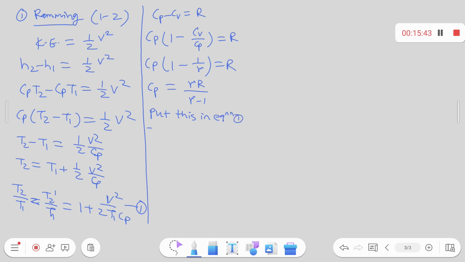So T2 dash by T1 is equal to 1 plus (gamma minus 1) into V square divided by gamma R into T1. Right?